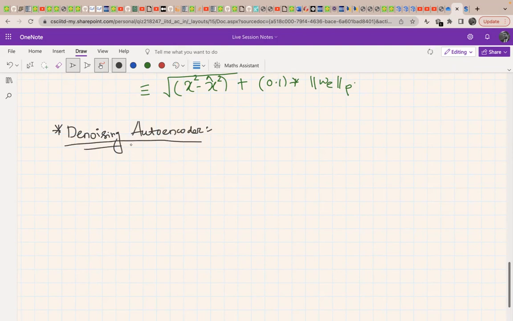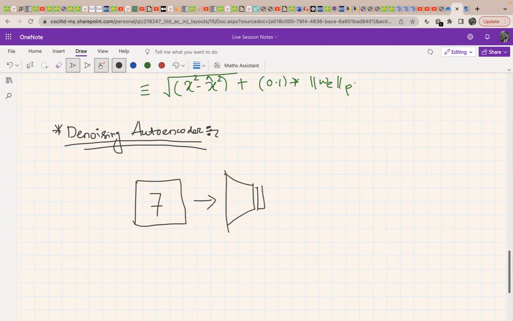So the first thing is that the autoencoder in the vanilla state has this property that, given an input image or input data, it will encode it to some latent dimension z, then decode it back to a 7.